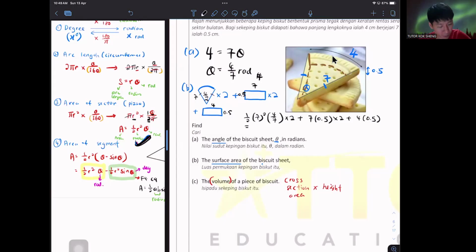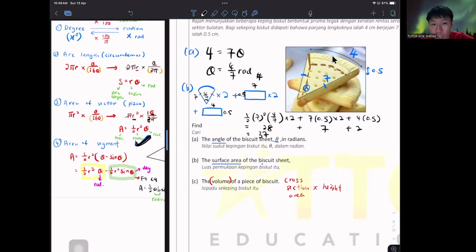So 1 over 2 times 7 squared times 4 over 7 times 2, I get 28, plus 7 times 0.5 times 2, 7. Last one is 4 times 0.5, 2. 28 plus 7 plus 2, 37.